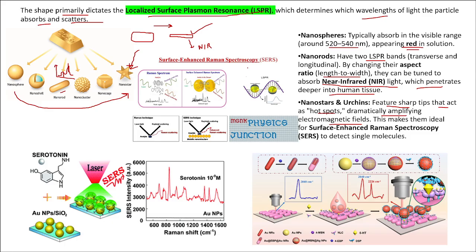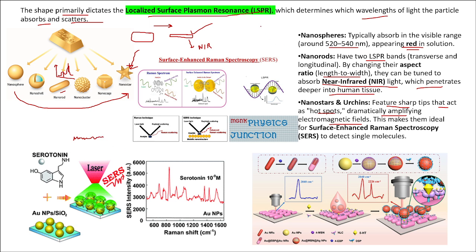When this Raman phenomenon was discovered, the thing is that only 1 in a million molecules shows Raman scattering. Since only 1 in a million molecules shows Raman scattering, the Raman spectroscopy signal is very weak.